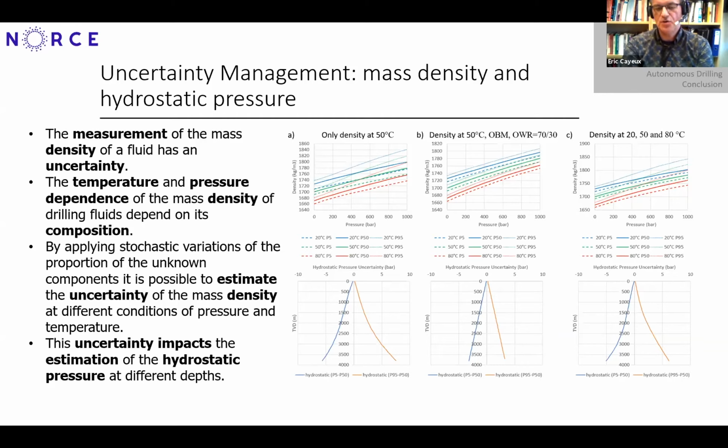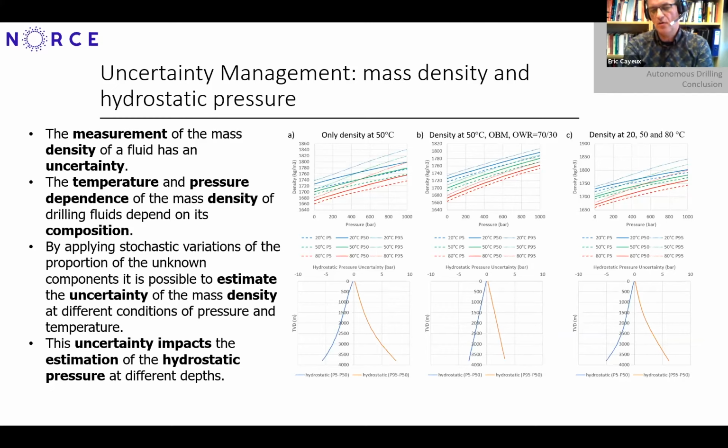And then you need to use that information to extrapolate the mass density of the fluid at different pressure and temperature, and also maybe with different concentrations of cuttings. And of course, depending on the level of detail that you have put in the description of your fluid, you may get quite a lot of variation in the PVT behavior that you can extrapolate.